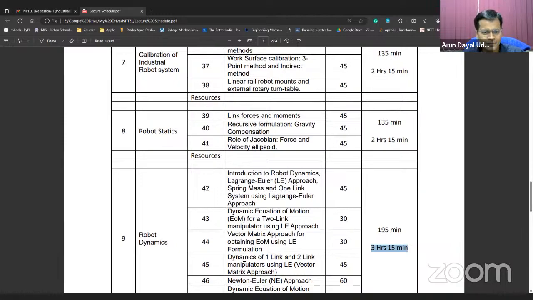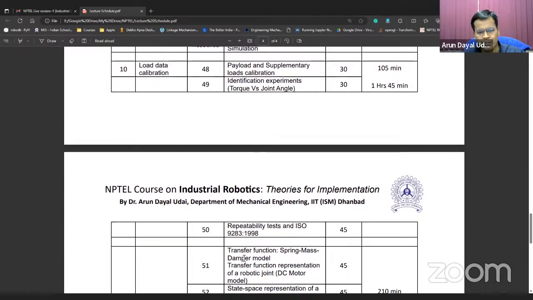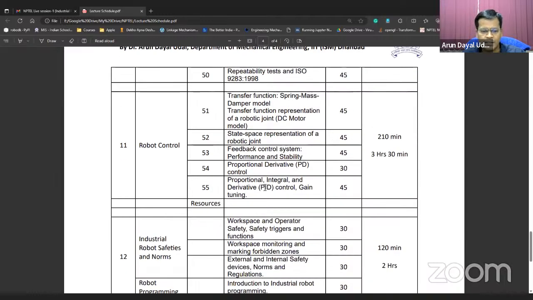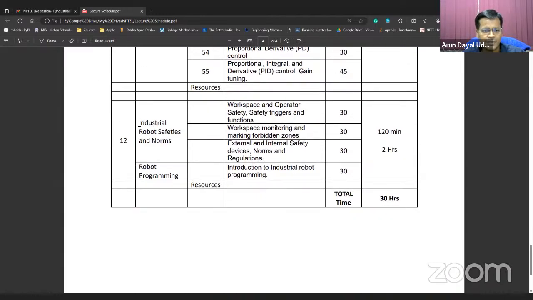Got it? So this is how we'll be moving, the way we are doing it. I have tried to cover as much as possible, ISO certification also, from time to time. Robot controllers I have dealt with here, right? Industrial robot safeties and norms are there at the end, including robot programming. Robot programming is there in quite a lot of textbooks I have seen, but industrial robot safeties and norms is again something very new to any course which I have seen so far on robotics.